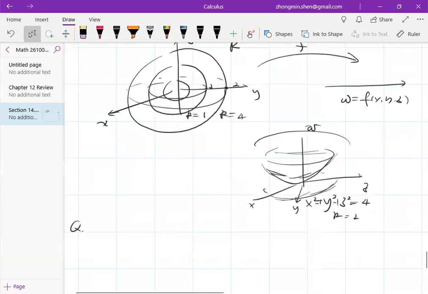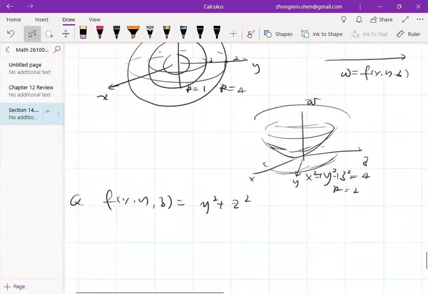All right. So let's take a look at the function f(x, y, z) equals y squared plus z squared. The question is to describe the level curves, level surface here.